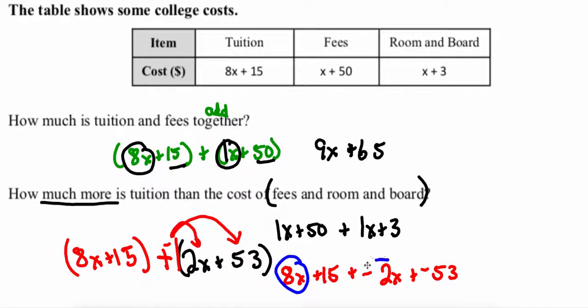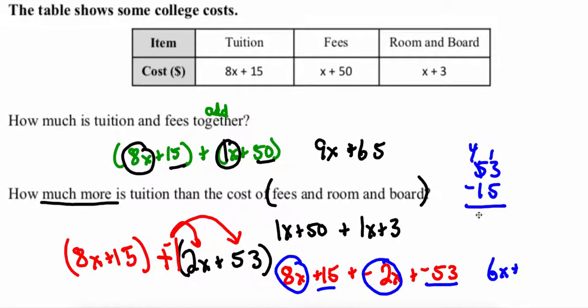So 8x plus negative 2x is 6x. 15 plus negative 53. Here, they have different signs, so I'm going to subtract. 53 minus 15. Do a little borrowing here to help me with my math, and I get 38. But I'm going to take the sign of the bigger number, so I'm going to have a negative 38.